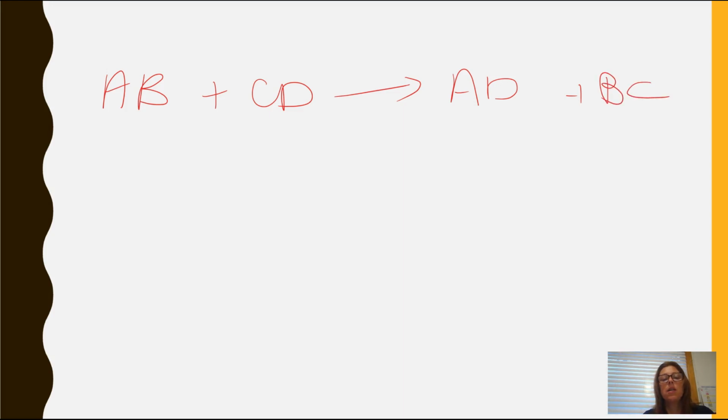So what we can see here is we've got one reactant, another reactant, and we are forming totally new products, but there has been no loss or gain of the atoms in that reaction. So they need to stay the same to ensure that we're following and obeying that law of conservation of mass.